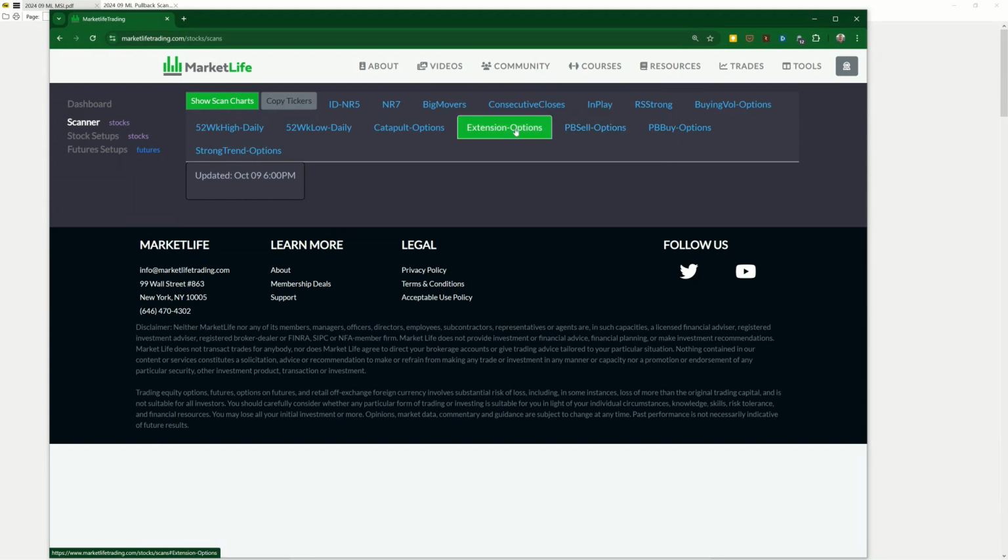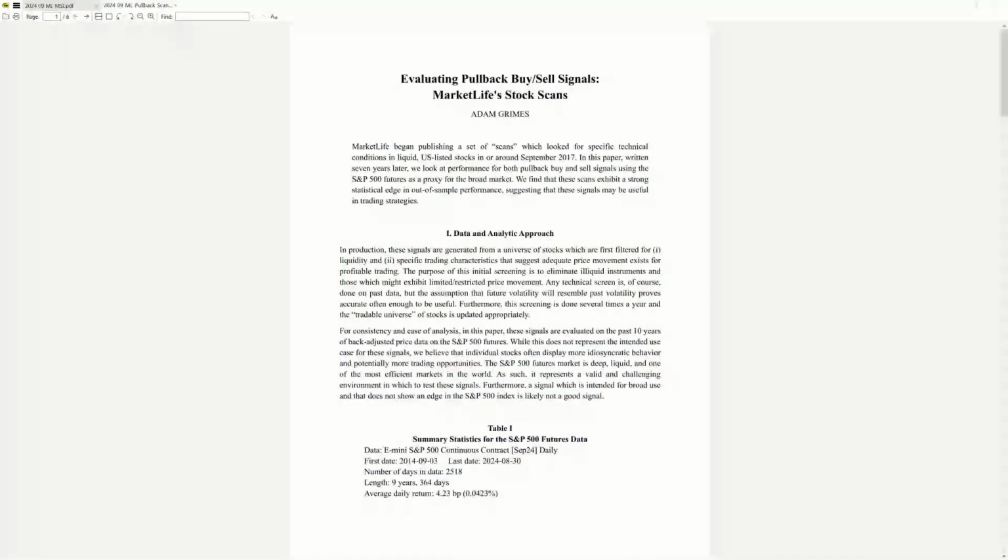If you go into one of these options scans, of course we can't guarantee they're all going to be super liquid, but you're going to be able to make these trades with options if you prefer to. Some of these other scans don't rely on options, and it's a much bigger universe, but there are some smaller stocks there.